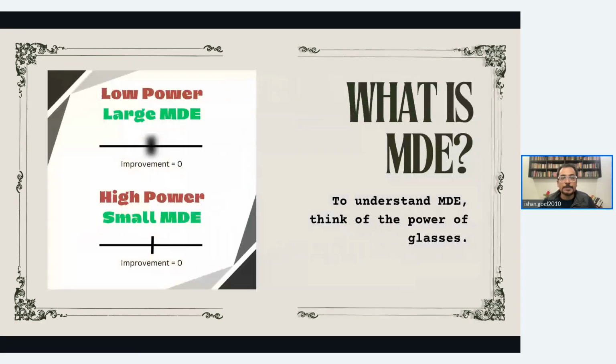I want to first explain what really is MDE so that you can differentiate equivalence from MDE very clearly. To understand what MDE is, you can think of this analogy: on a distant wall somewhere, you have a straight line which shows you uplifts and then a center line for zero on that wall.